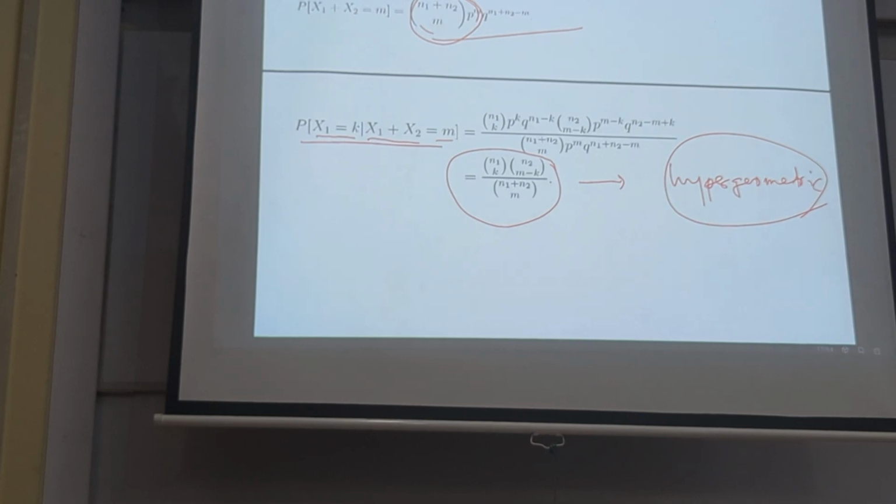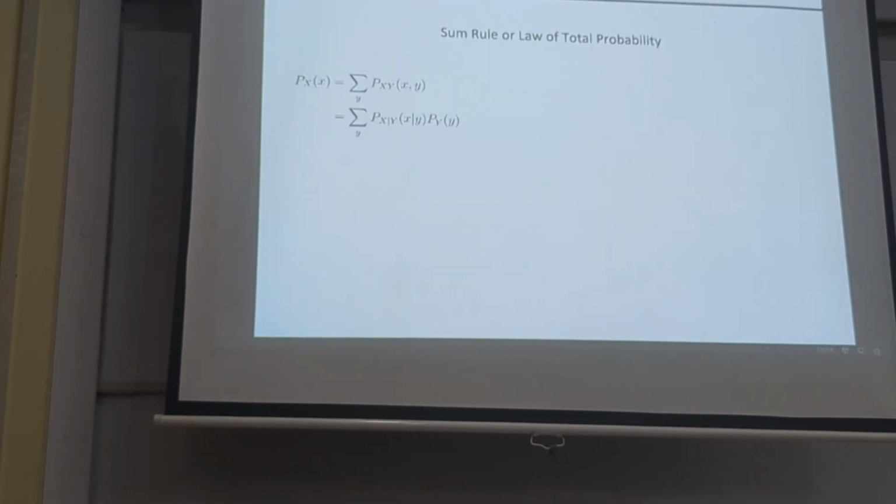Previously we did not have a derivation, now the sum rule. What does the sum rule say?